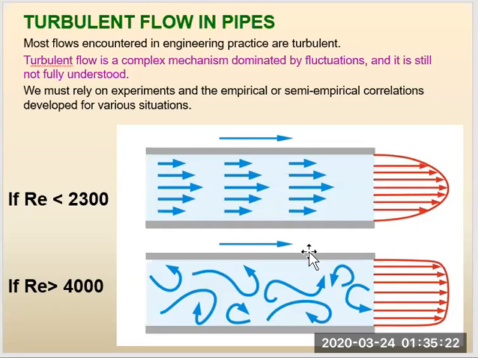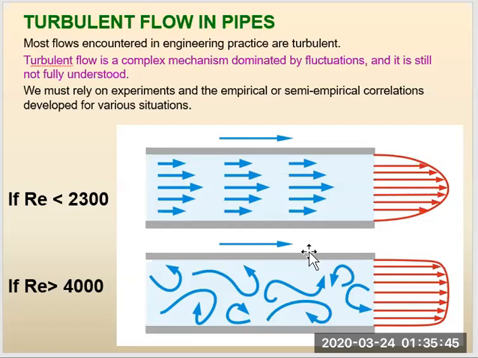Turbulent flow is characterized by disorderly and rapid fluctuations of swirling regions of fluid, called eddies or vortices, throughout the flow. These fluctuations may provide an additional mechanism for momentum and energy transfer.